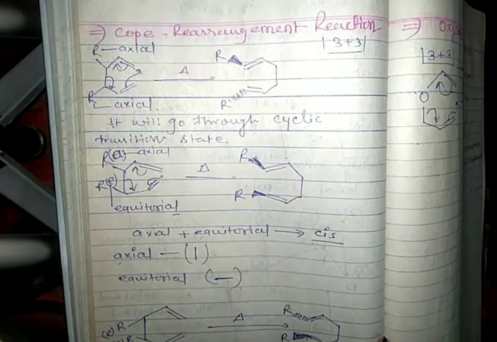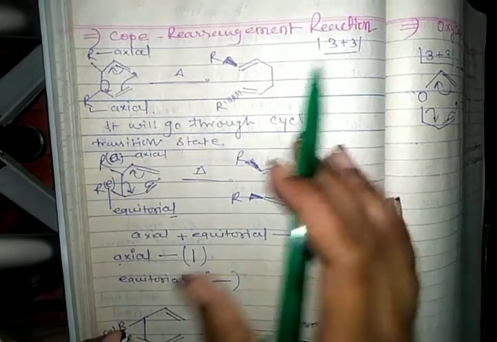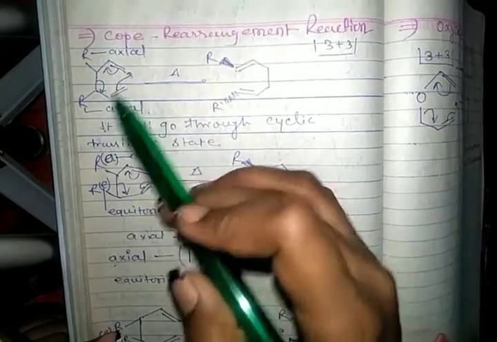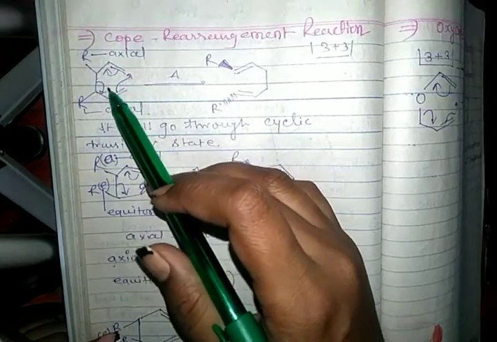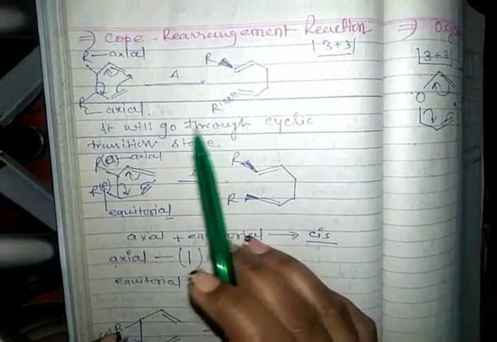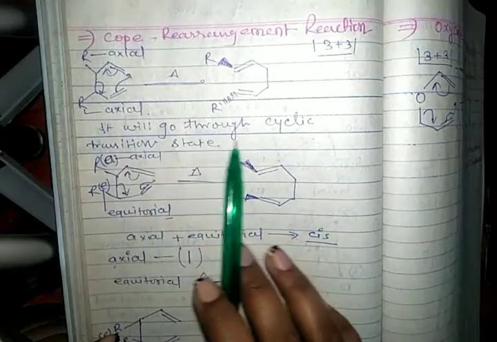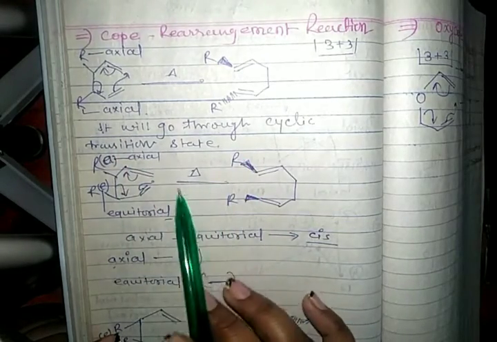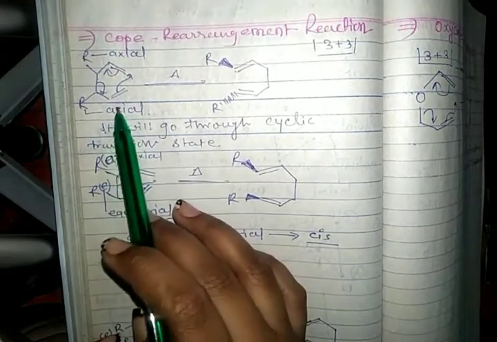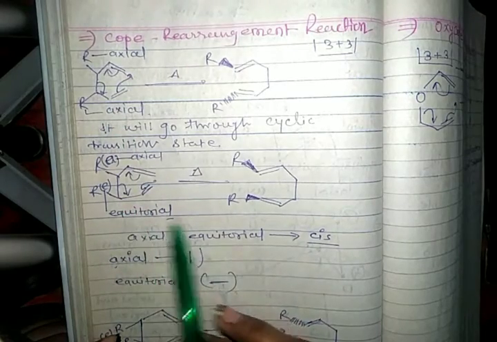Next we see 3 plus 3 sigmatropic rearrangement reactions. First one is Cope rearrangement reaction. In this reaction, pi bond shifted and one new sigma bond forms. At thermal condition, it will go through a cyclic transition state, and this is in axial position and this is in equatorial position.